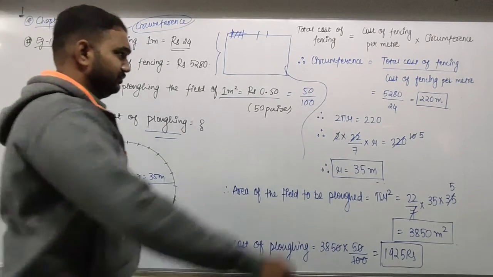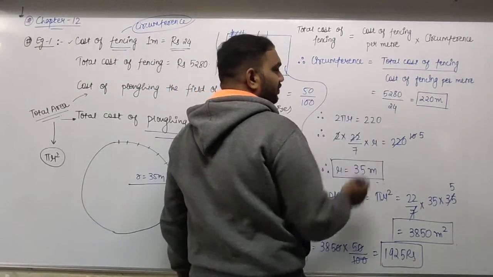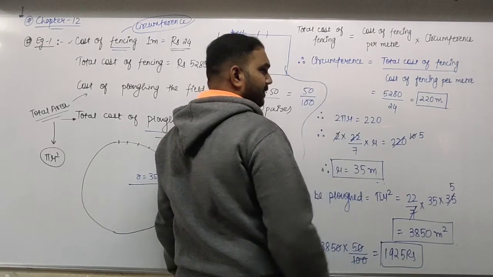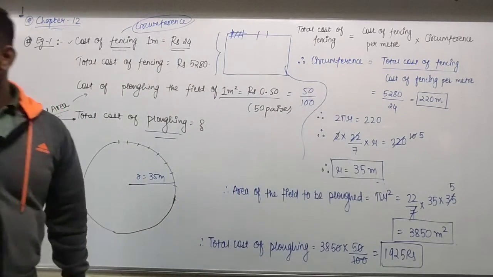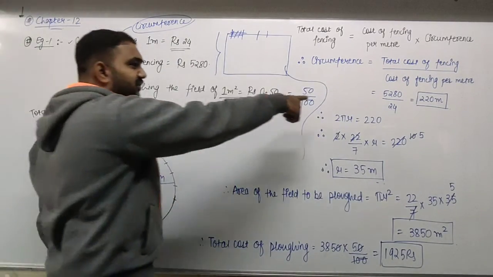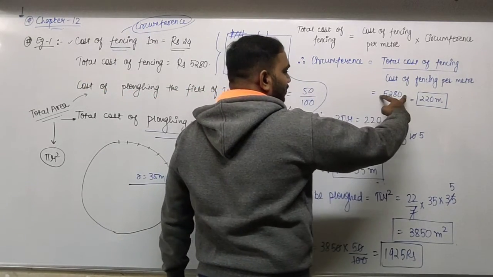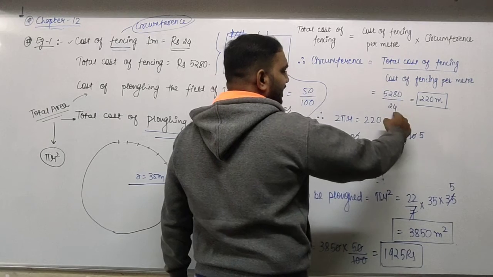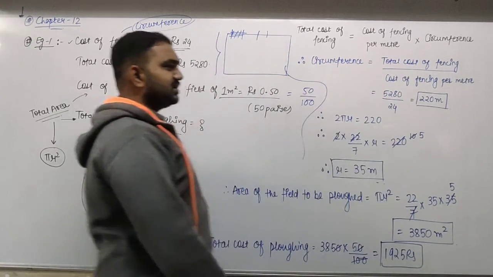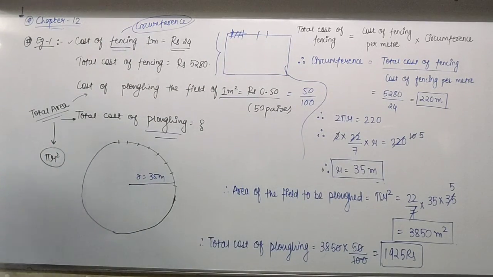So circumference is equals to, make circumference as the subject. Circumference is equals to total cost of fencing divided by cost of fencing per meter. Total cost is given 5280 divided by cost of fencing per meter is 24 and that is 220 meter.